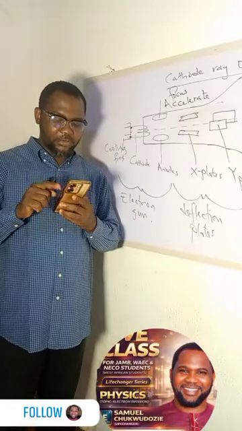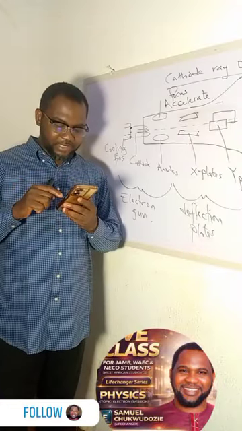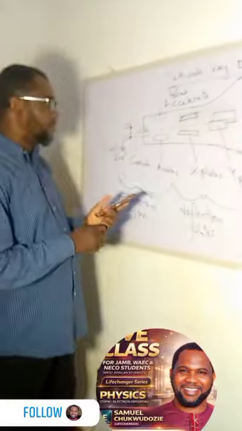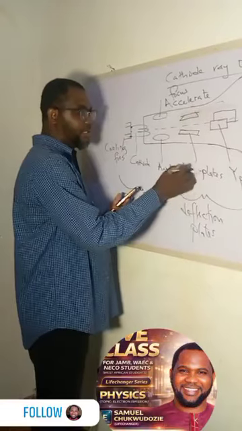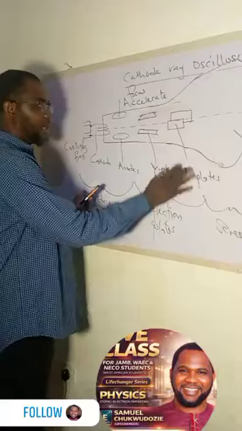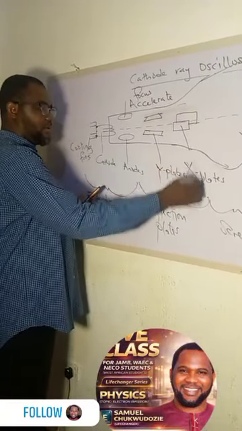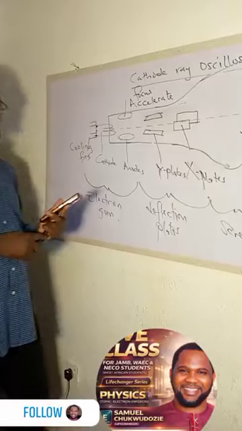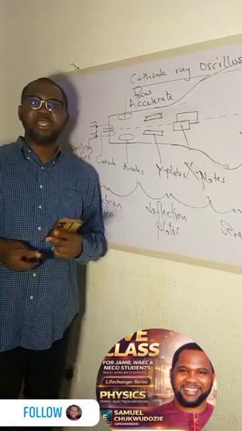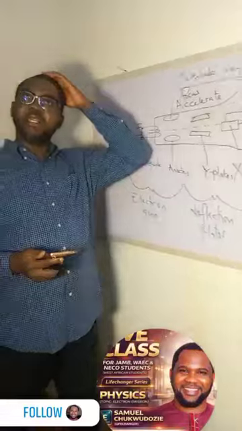Okay, I want to say this. You have the Y plate before the X plate. So this first one are the Y plates, and the second one are the X plates. So kindly note that. The Y plate deflects vertically, the X plate deflects horizontally.